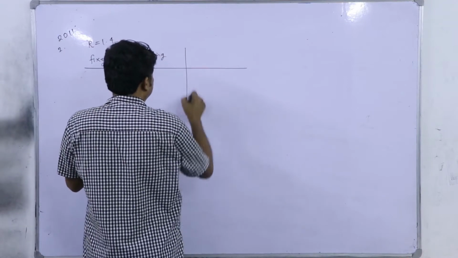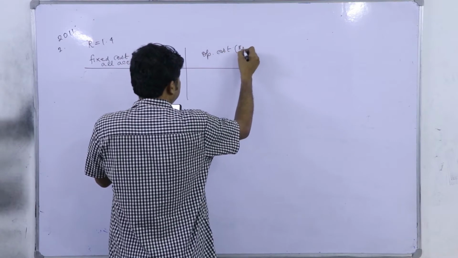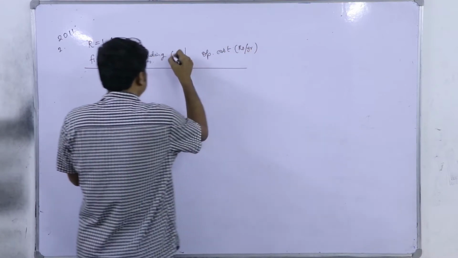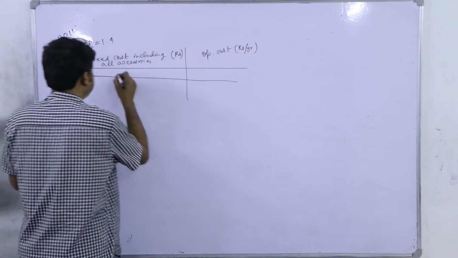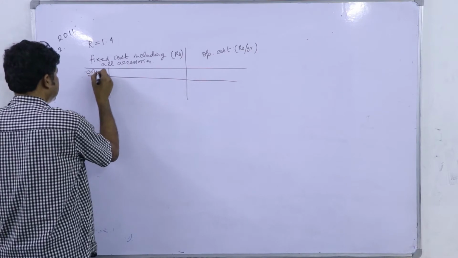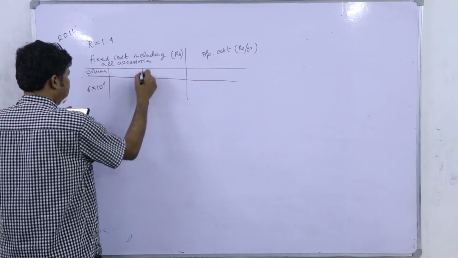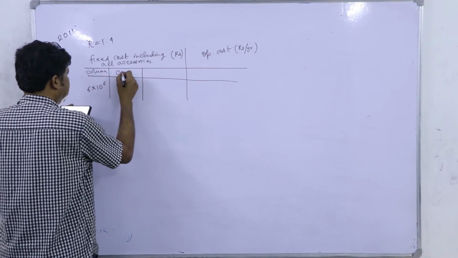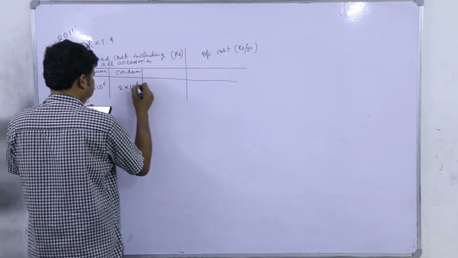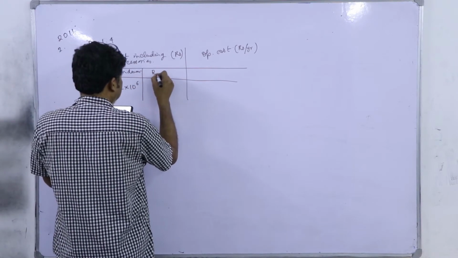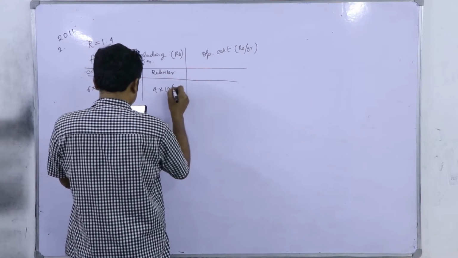And here we have the operating cost. This is in rupees per year, this is in rupees. For column, the fixed cost is 6 into 10 to the power 6, then condenser 2 into 10 to the power 6, then reboiler 4 into 10 to the power 6.